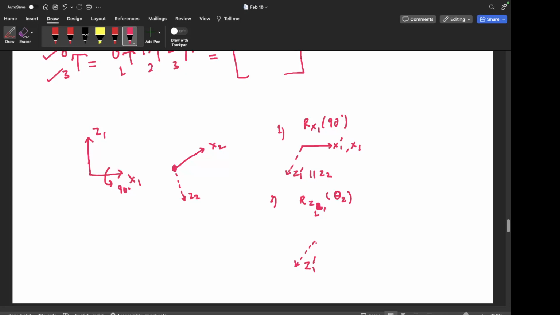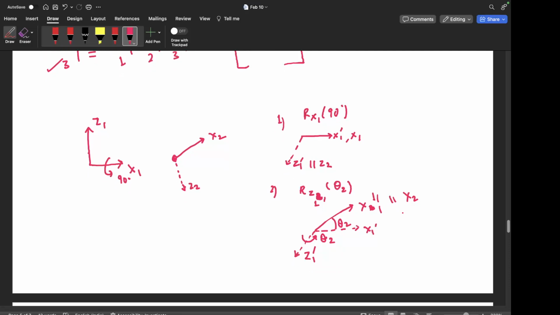So about z1 dash, we rotate by theta 2. Initially our x1 dash was here, now it has rotated by angle theta 2, and now it is parallel to x2. Write it as x1 double dash. Now this is parallel to x2.